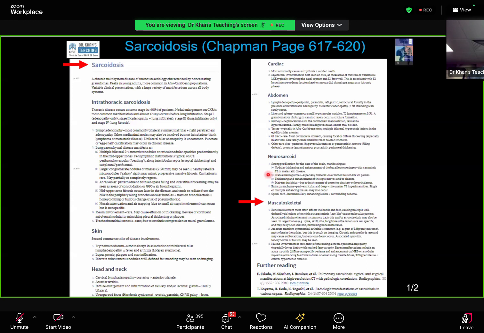The second part of Chapman, there are things which are multi-system, and you should have a clear-cut idea. Remember my words. One line there will save the day for you in the exam. It is very well written by Hamid, the editor, and one line in this list will simply save the day for you in your exam.